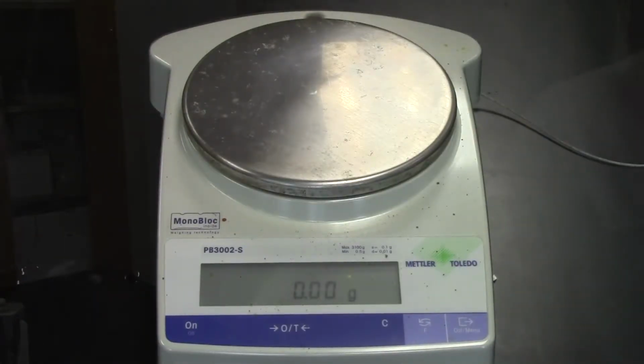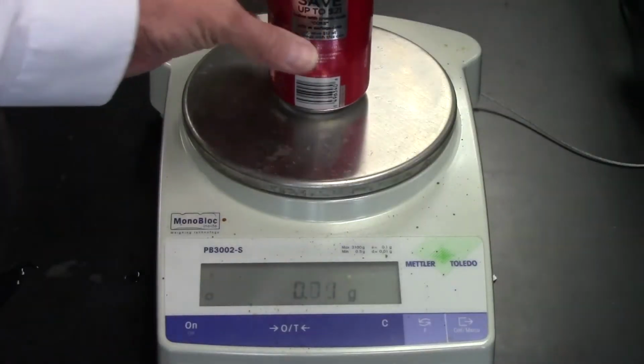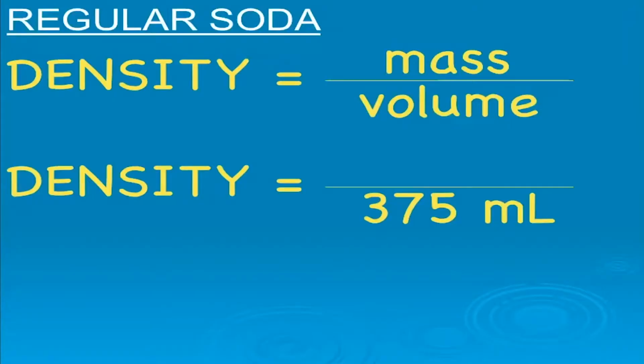So on our formula here, we know that the density is going to equal some number divided by 375 milliliters. We have to figure out its mass, and that's what the balance is for. 385.21 grams. So that now goes in the top of our fraction, 385.21 grams.